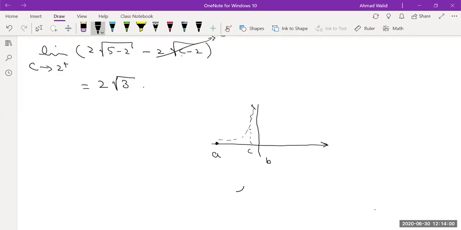When you take the limit, your c is approaching b, correct? But from which side? From the left side. If your function is discontinuous at a, then you are approaching a from the right, correct? That's the important part about this lecture.